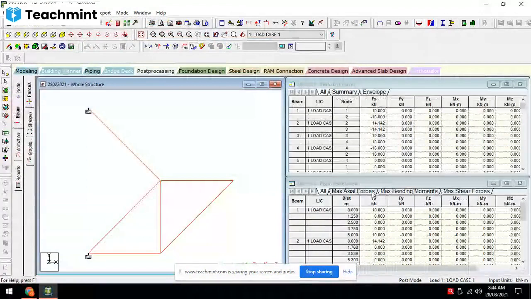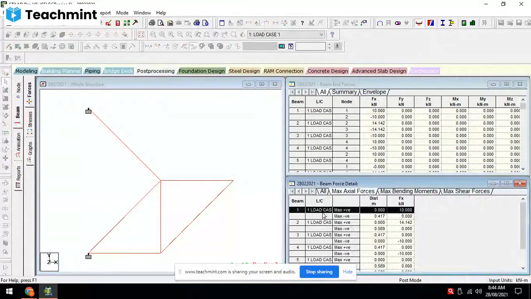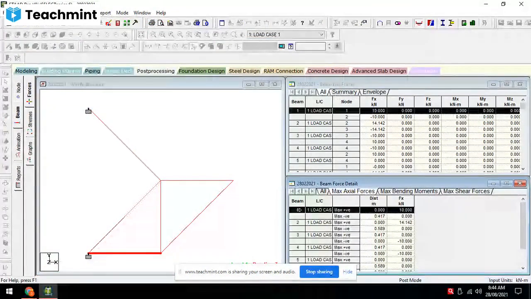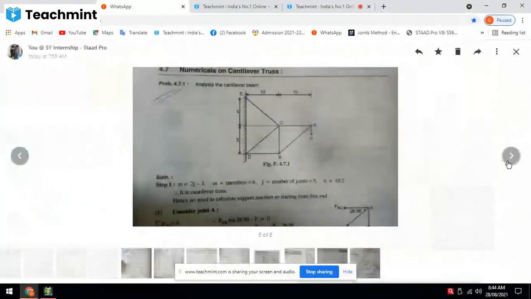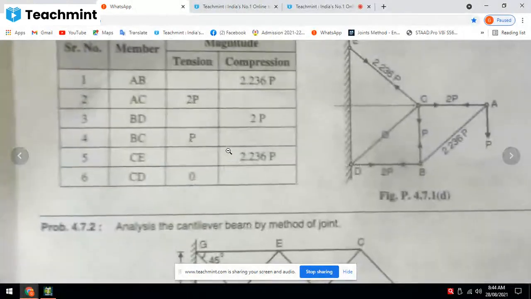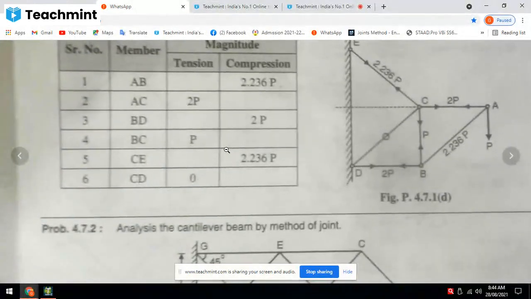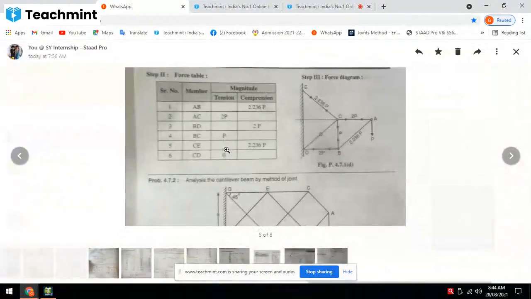Beam, forces in member. Yes, you can see 10 in the bottom member. dB, dB. Okay.